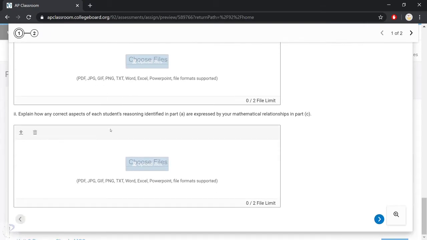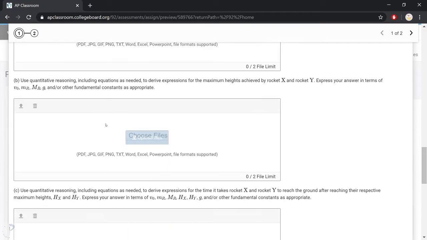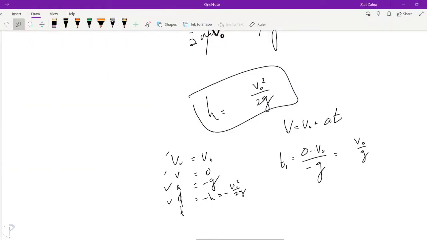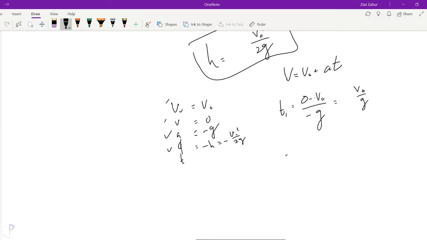And then same thing with the time. So now we go back to the time equation. The time equation was v0 over g. Again, T is proportional to v0.